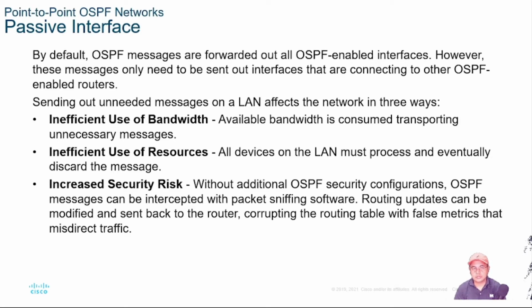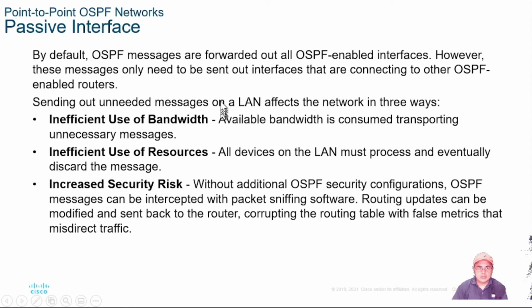But by default, the router sends them out all OSPF enabled interfaces. If you enable the interface of a router, definitely it will forward messages. To avoid this, you should make that interface a passive interface, because sending out unneeded messages on a LAN affects the network in 3 ways.